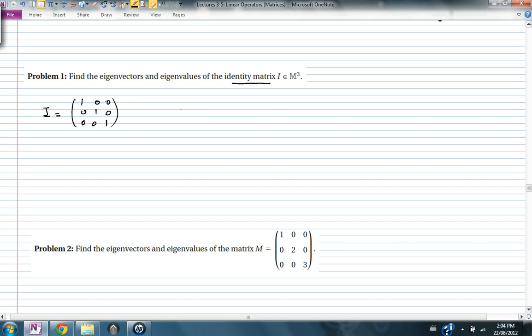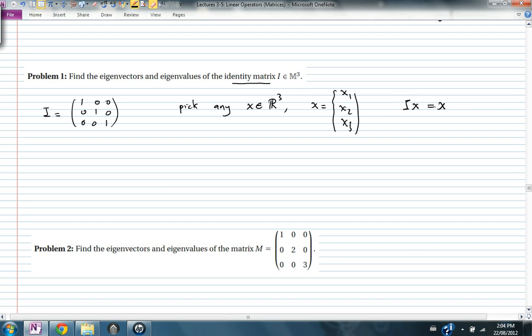Well, any vector x in R3, x is equal to x1, x2, x3. What happens when I multiply I by x? I get x again.